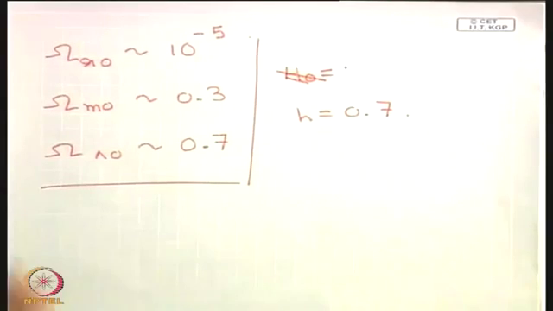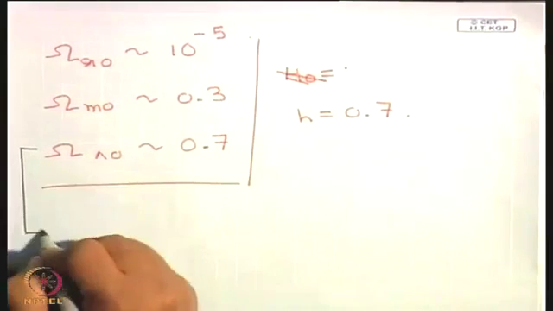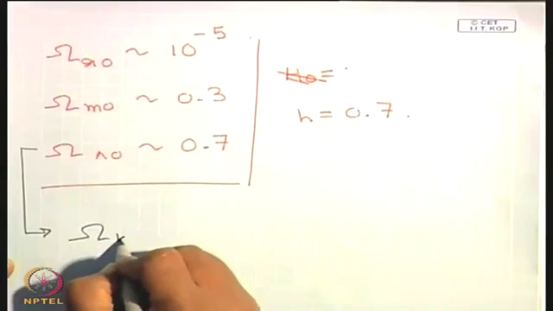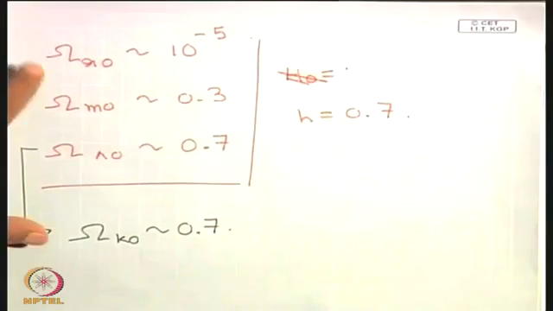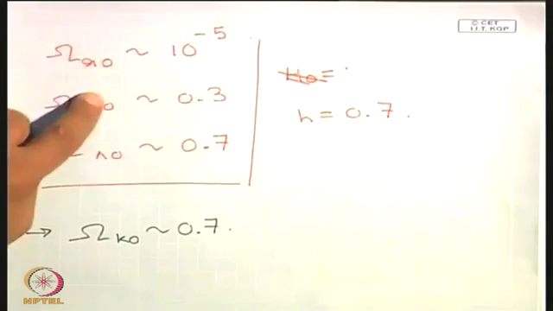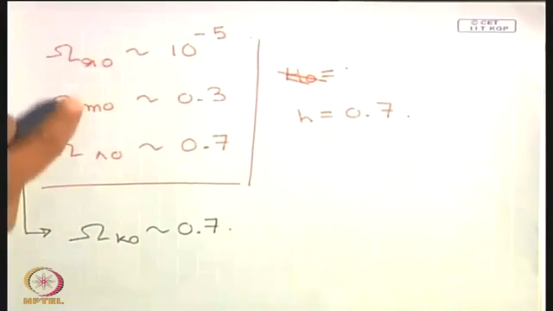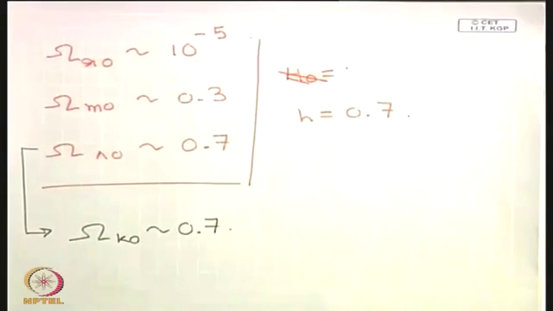Compare it with a model where instead of this you have omega curvature naught of the order of 0.7. The total sum has to be 1, right. So, consider two different models, one where you have these three, another where you have these two and this. Compare the behavior of the expansion of the scale factor in both these models.